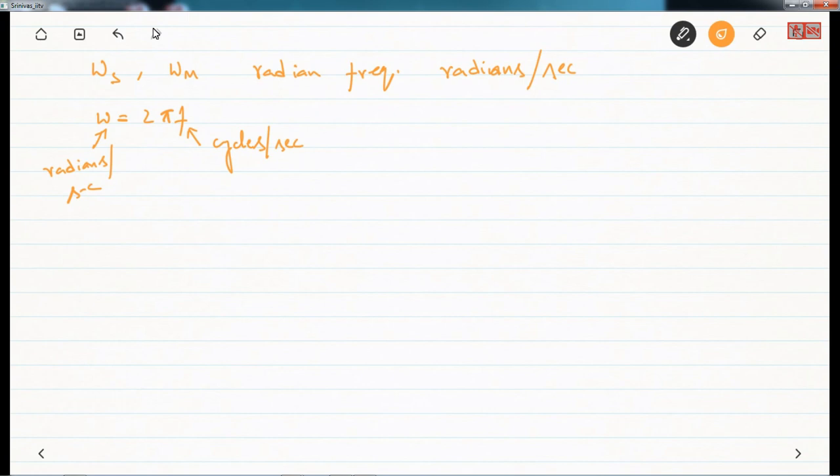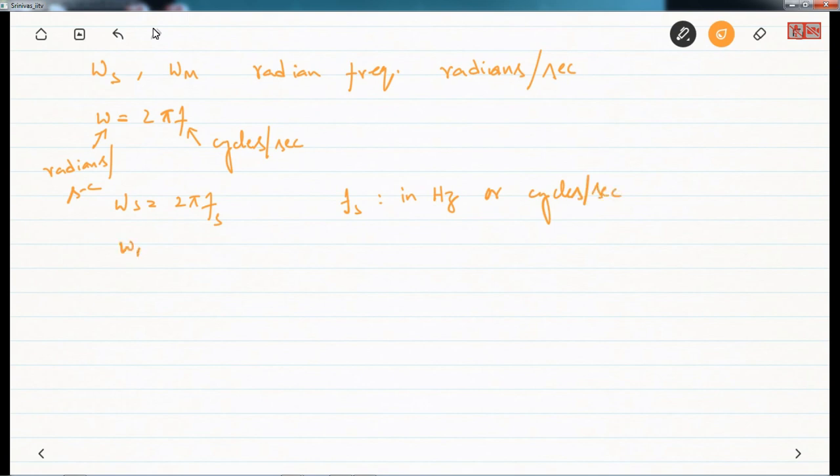So omega s I can write as 2 pi fs, where fs I can express in hertz, or cycles per second.